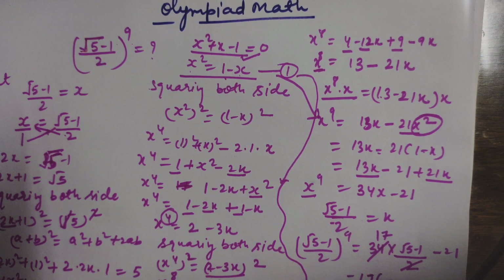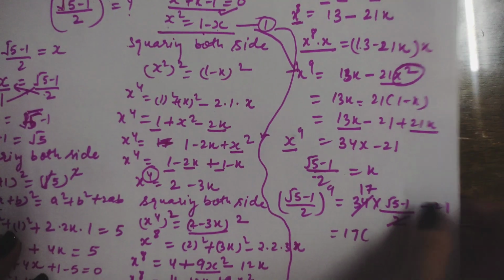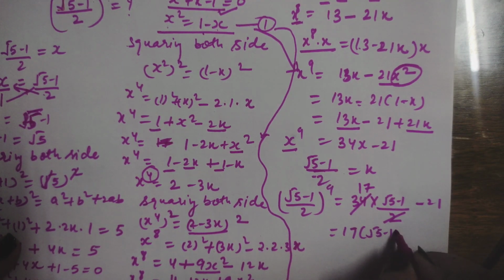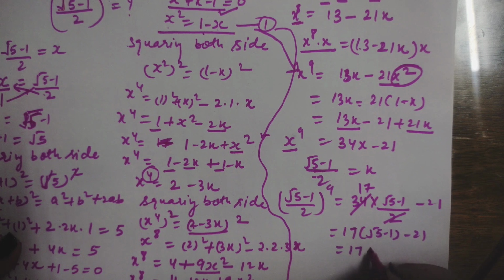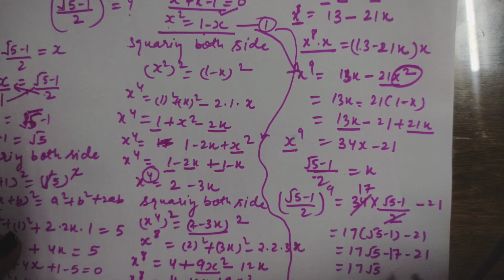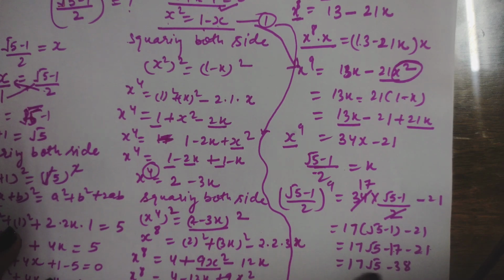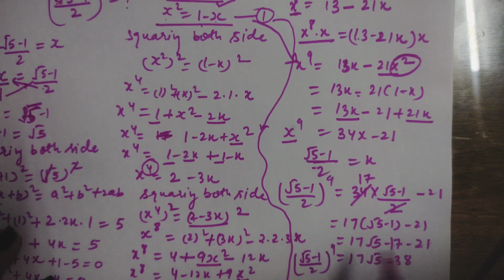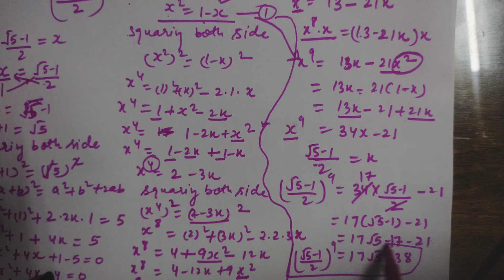So 17 (root 5 minus 1) minus 21. So 17 root 5, 17 times 1 is 17, minus 21. So 17 root 5 minus 17 minus 21, which is minus 38. So 17 root 5 minus 38 is the value of our question, which is ((root 5 minus 1) by 2) power 9. So the value of this number is this.